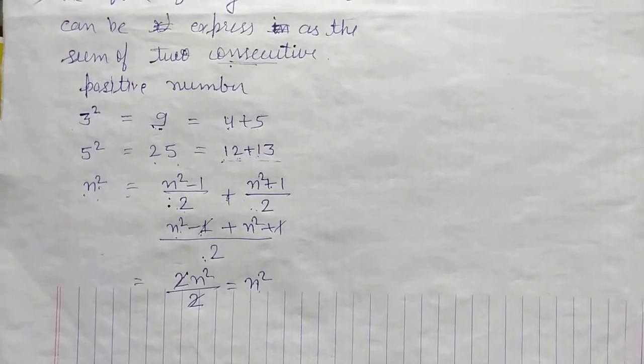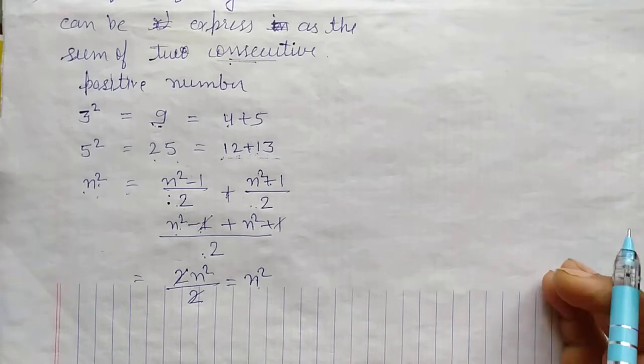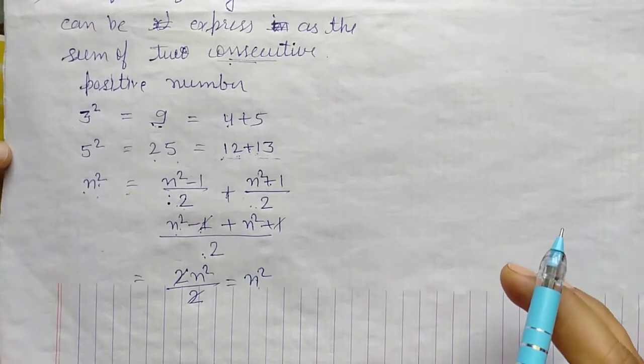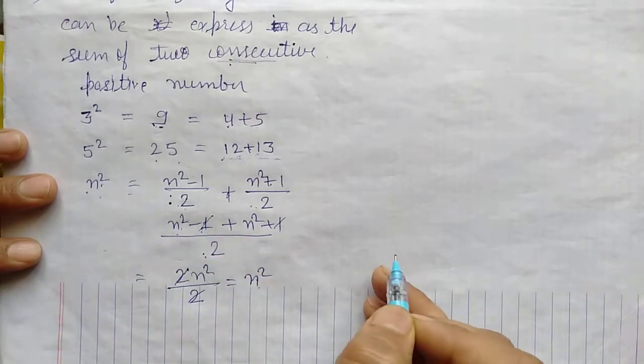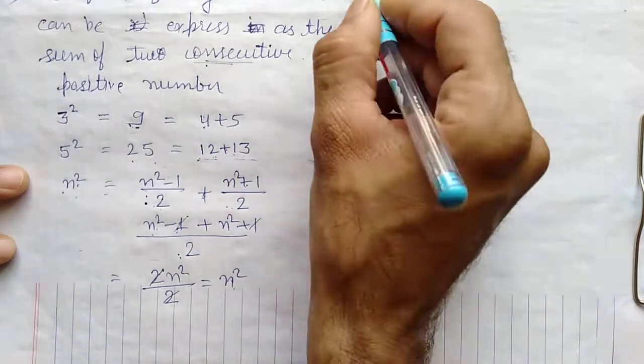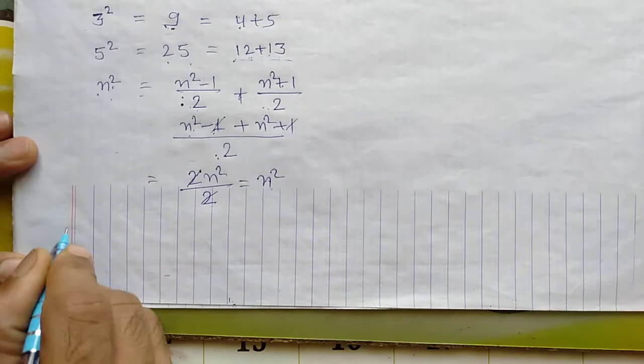Now next is: a perfect square leaves a remainder of 0 or 1 when it is divided by 3. Right? Any perfect square. Let me write this one.